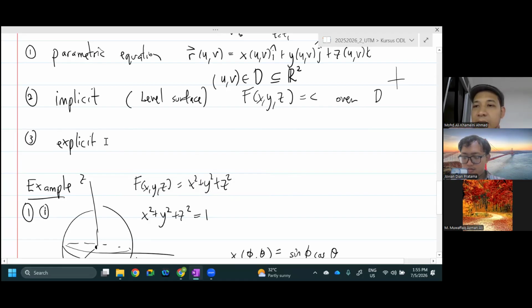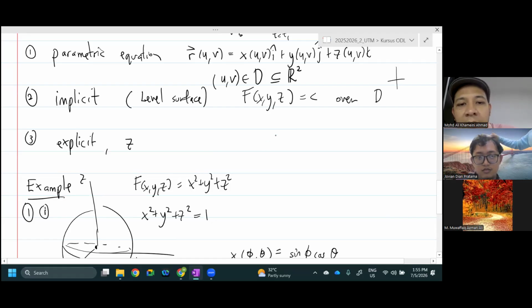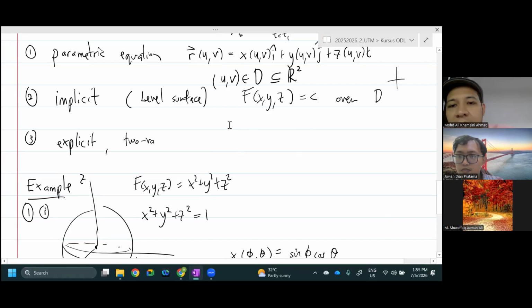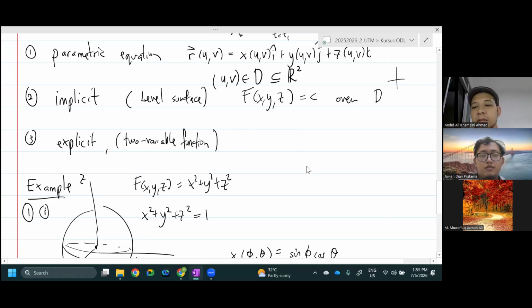Then the last one is you represent it explicitly. This is most common if you have a graph of a two variable function. So you have z equal to f of x, y over some domain D here.